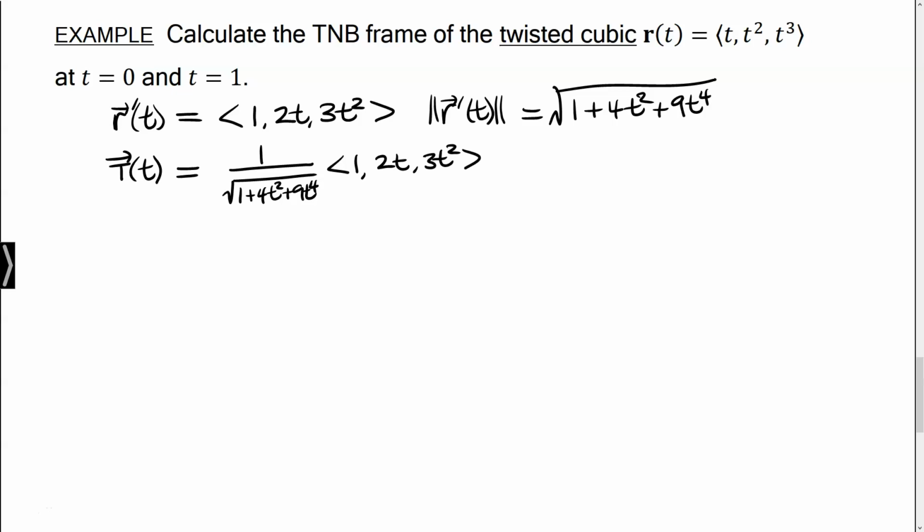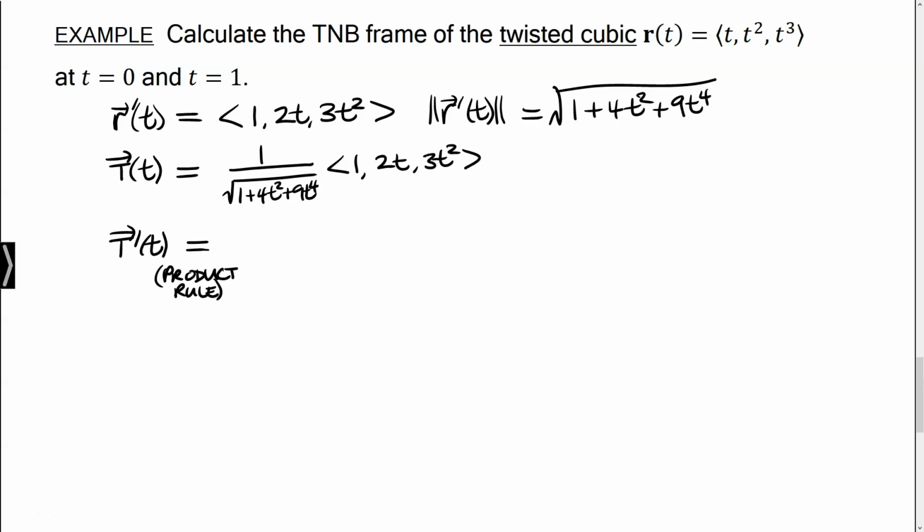So the only formula we have so far for the unit normal is to differentiate T and then divide by the length. As a function of t, this is where it gets a little bit tricky because it's a scalar function times a vector function. So what we have to do is use the product rule. If it's a scalar times a vector, it's first derivative of the second plus second derivative of the first.